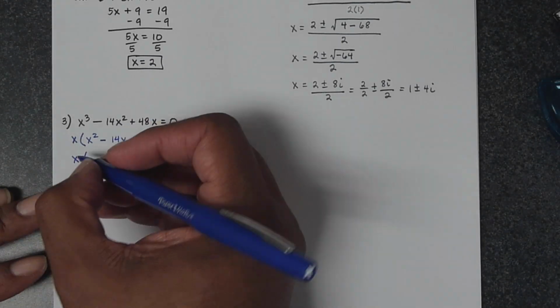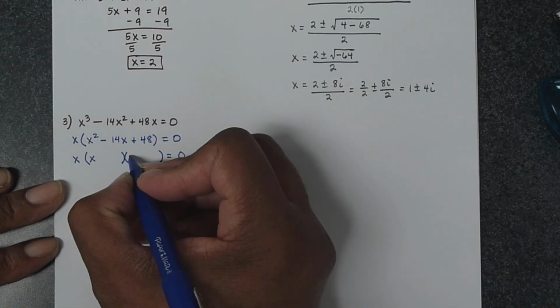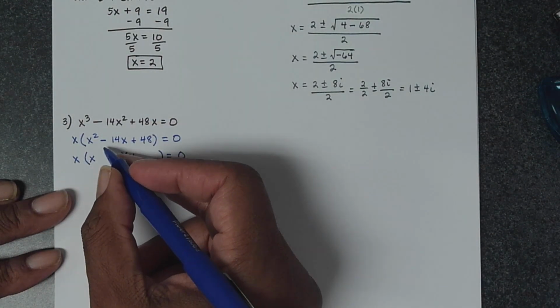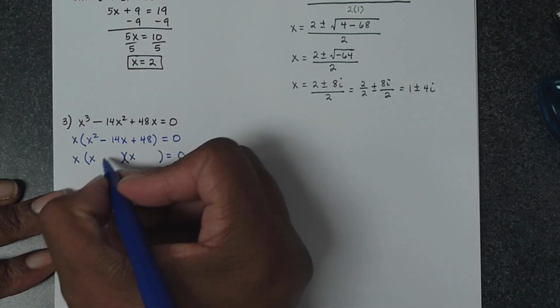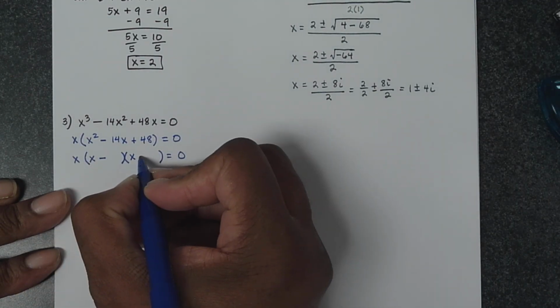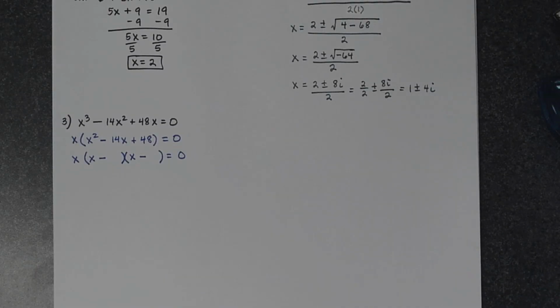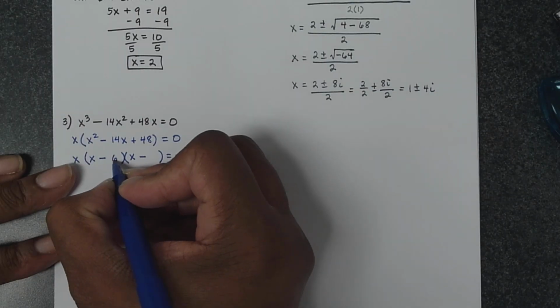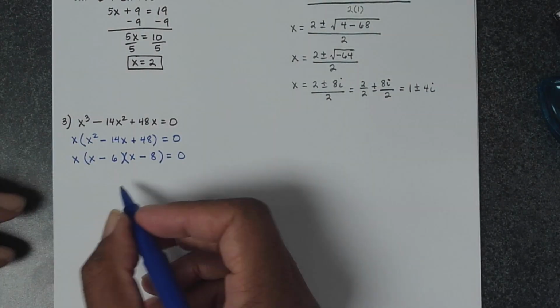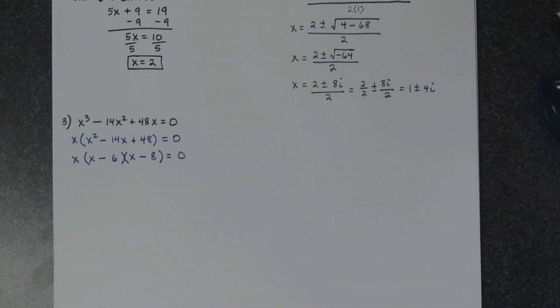Let's see, x squared breaks up as x and x. The middle term has a minus sign, the last term has a plus sign, so that means they both have to be minus, and I need factors of 48 that will give me 14x as a middle term. It will have to be 6 and 8, because negative 6x and a negative 8x will give me minus 14x.